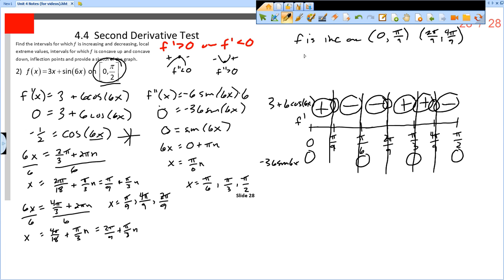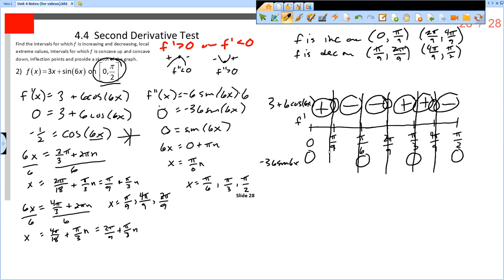And that's it. So that's increasing. f is decreasing whenever it's negative. So that would be pi over 9 to 2 pi over 9, and then from 4 pi over 9 to pi over 2. So that's increasing, decreasing.